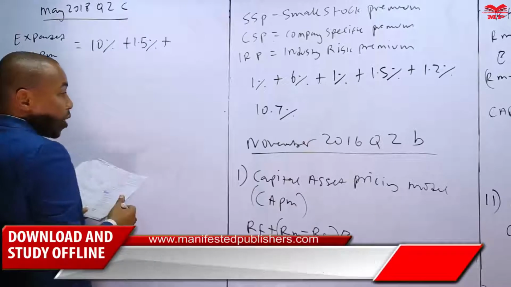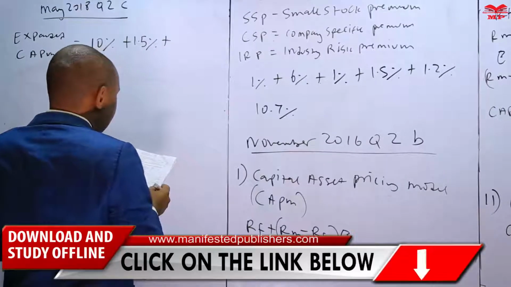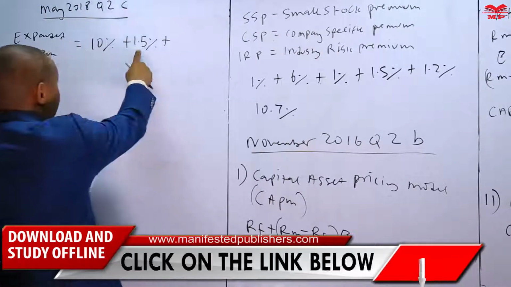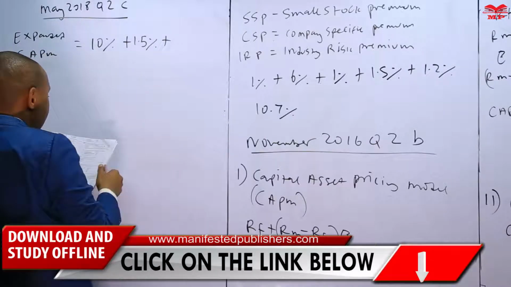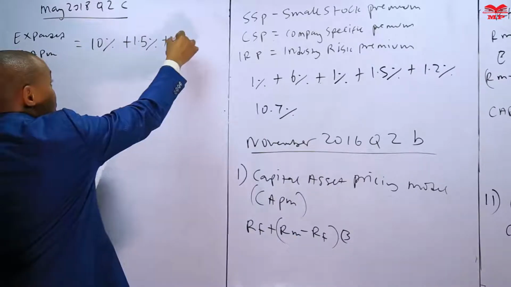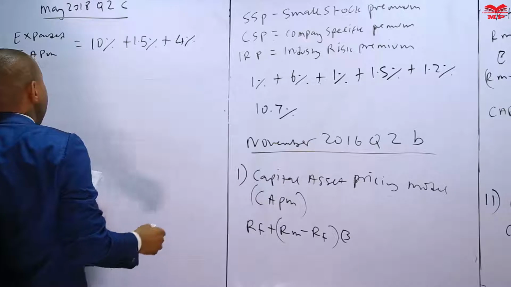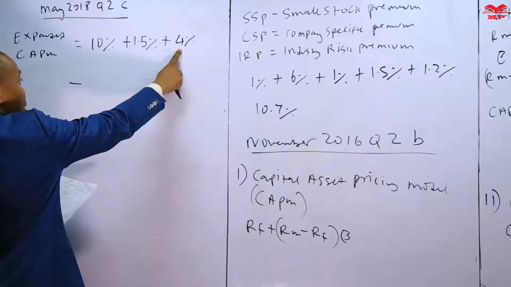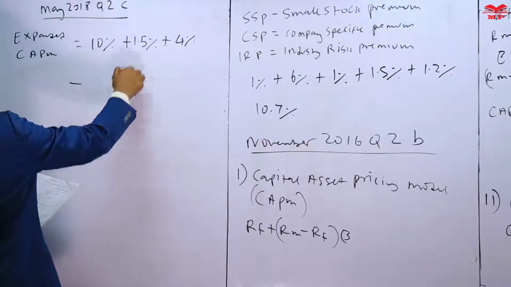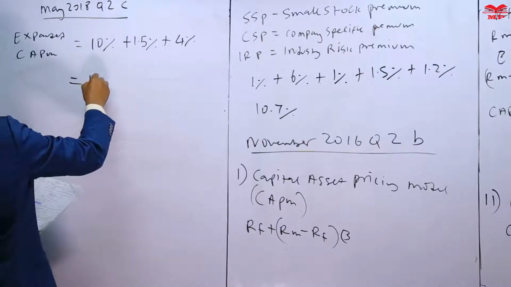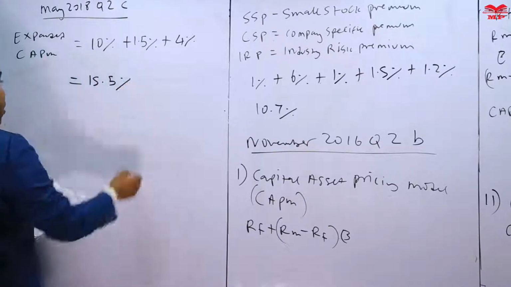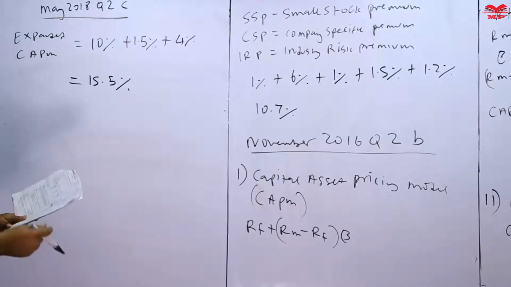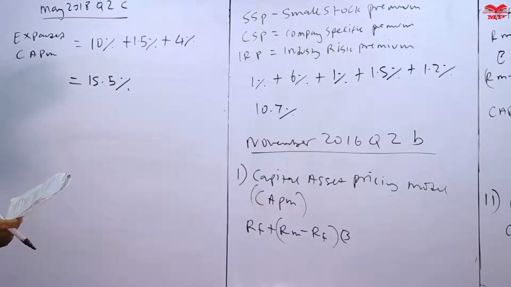Then on top of that, we need to add the company specific premium of 1.5%. And then the small stock premium is 4%. How much do we have? We have 10 plus 4 is 14%, plus 1.5 is 15.5%.